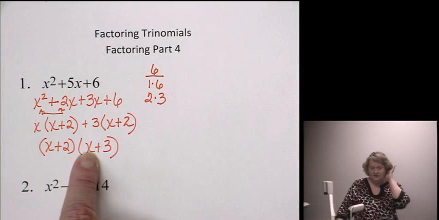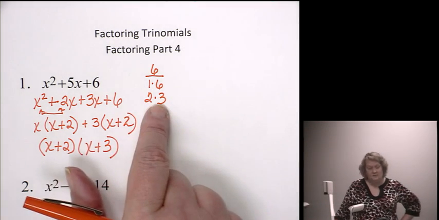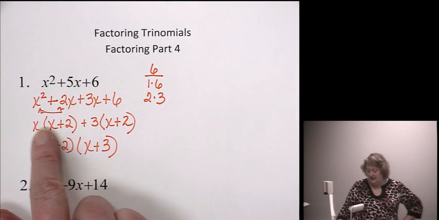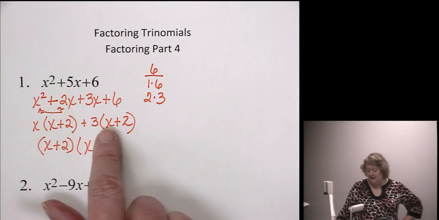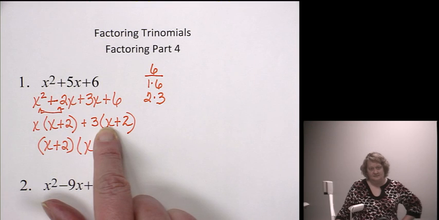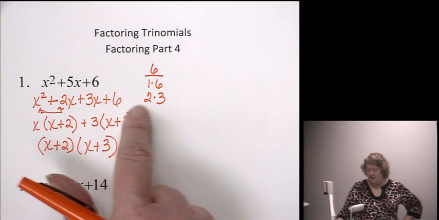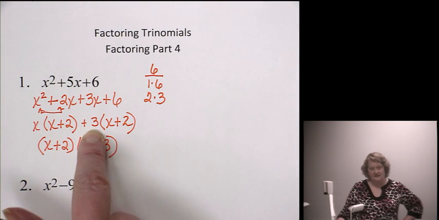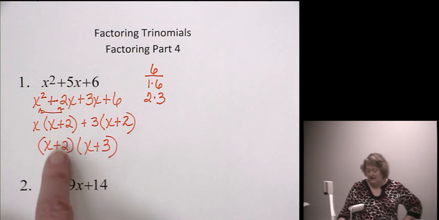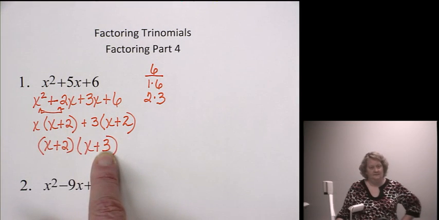Whatever numbers we put here, it factors out an x every time, and leaves me the x there every time, and that gives us x plus 2. Whatever's common there is going to be common there and gives me that 3, and our answer is just going to be x plus 2, x plus 3.